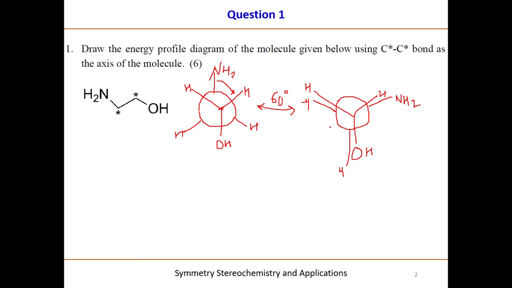Then again rotate this by 60 degrees. What will you get? Any idea? You have to keep one carbon as it is, and then you have to draw the backside one.